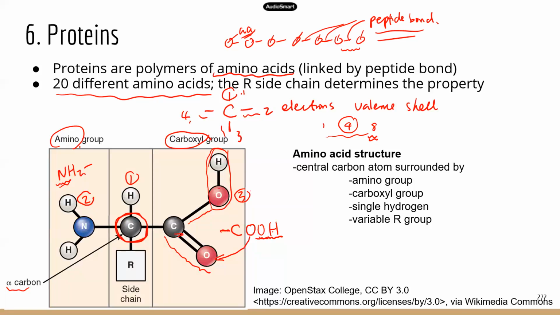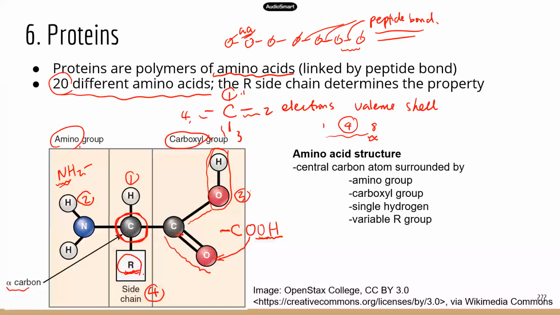And the very last component bonded with that central carbon is an R group, the R side chain. Now, the R can be anything. It can be as simple as a hydrogen atom, or as complex as a few chemical functional groups all linked together. We talk about there being 20 different amino acids.